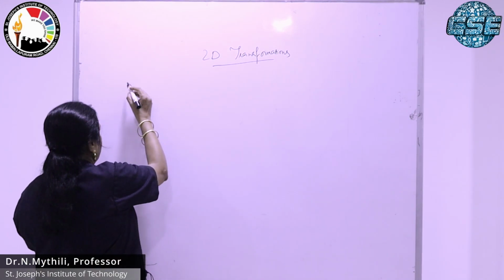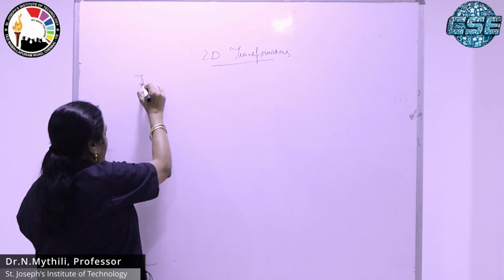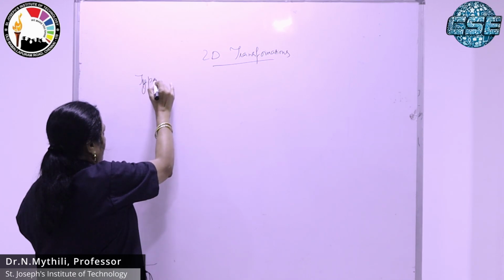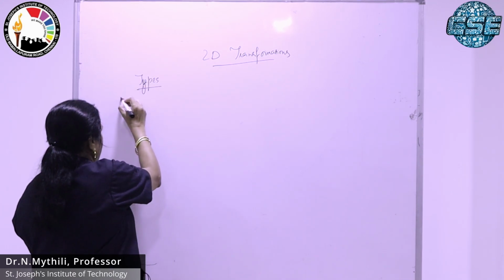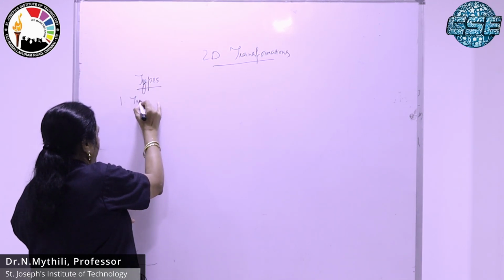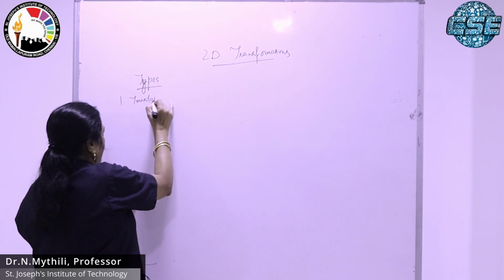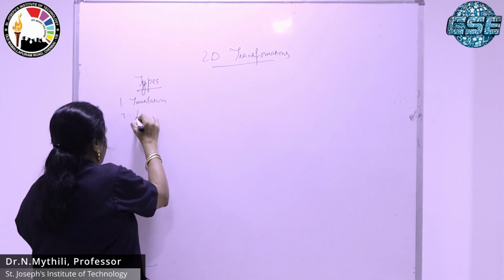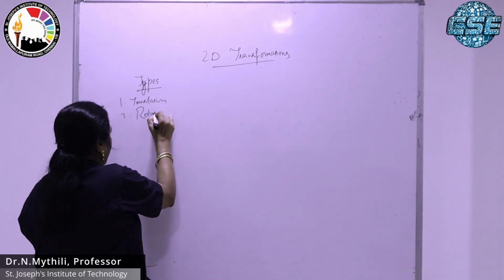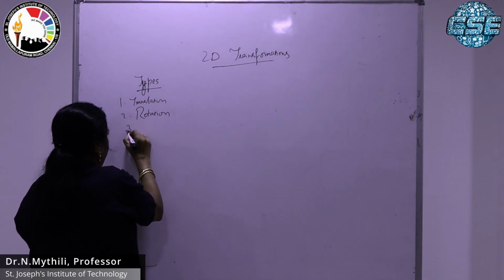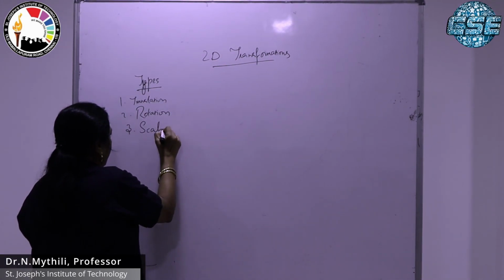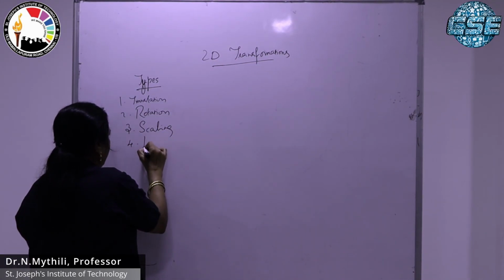Now the types of transformation. What are the types of transformations? Number 1, translation. Number 2, rotation. Number 3, scaling. Number 4, reflection.